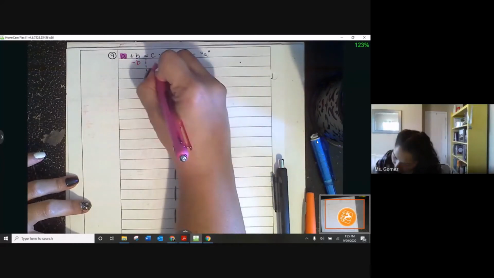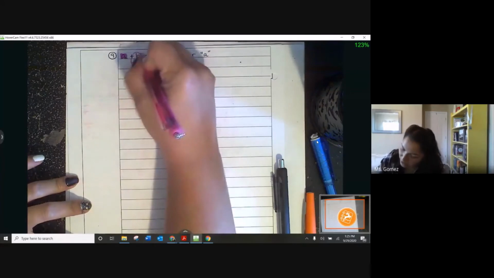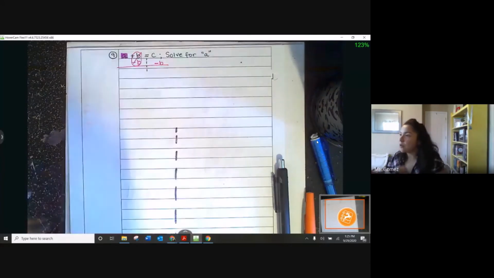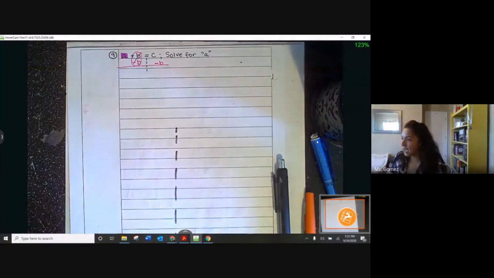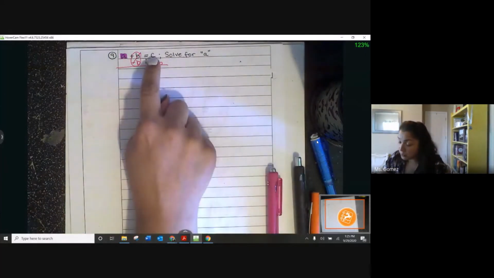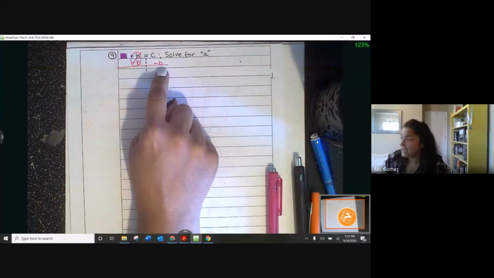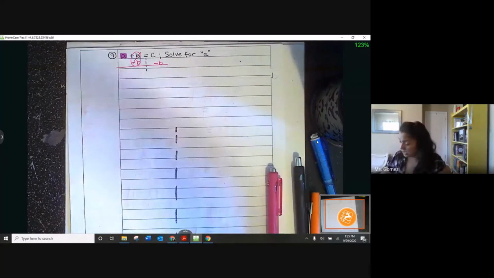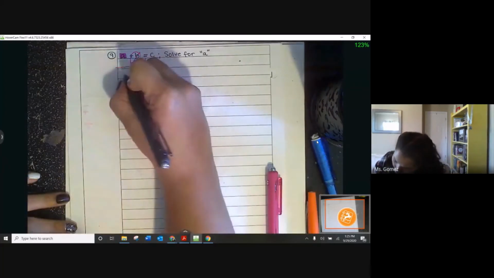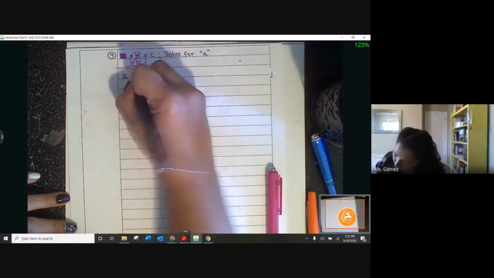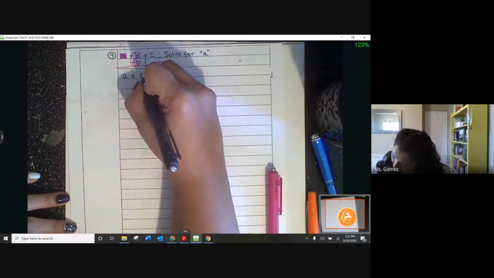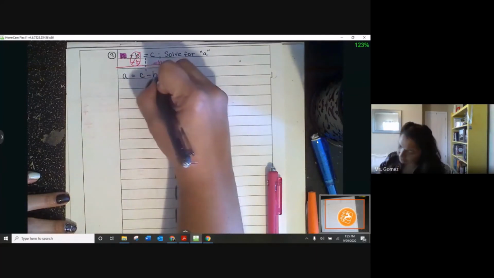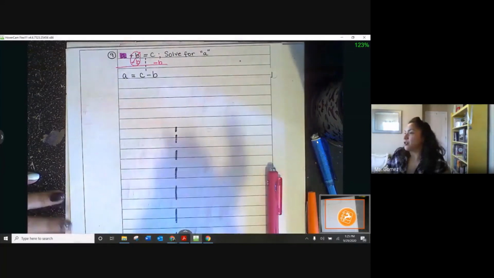And I'm going to put it off to the side because remember how we had our apple plus apple equals 2 apples? Well, here I have a cantaloupe and a banana. Not the same thing, so I'm not going to put them right under each other. So now I have A equals C minus B. That's not too bad.